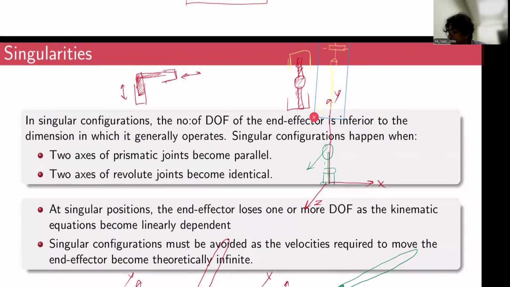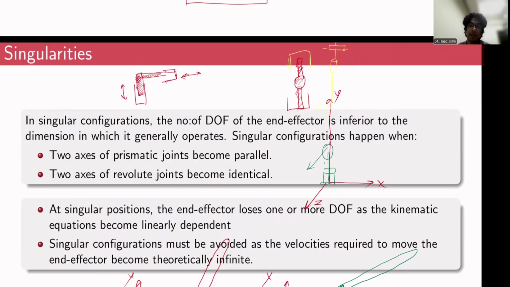So in that case, the first joint and one of the joints of the wrist become parallel, right? They become collinear. So if you rotate the first joint and if you rotate one of the joints of the wrist, it will still give you the same motion, right? Instead of independent motions, if you rotate this joint or if you rotate this joint, it won't make any difference.